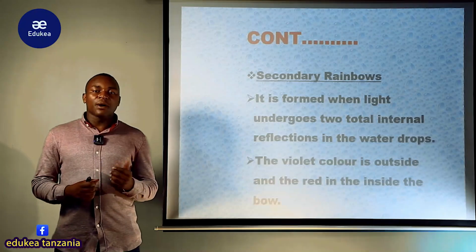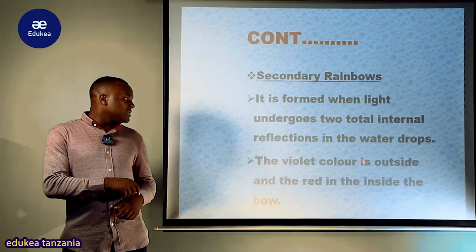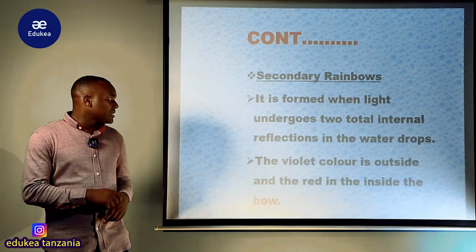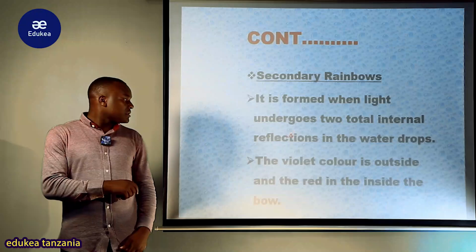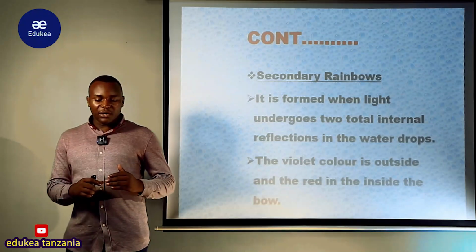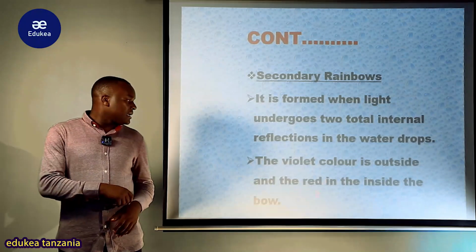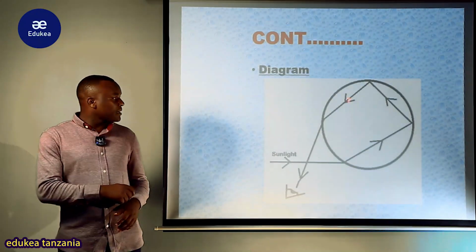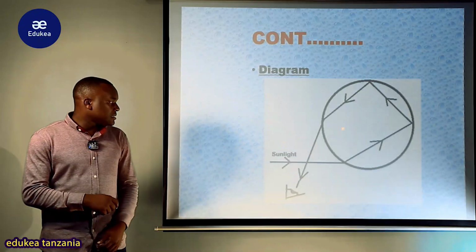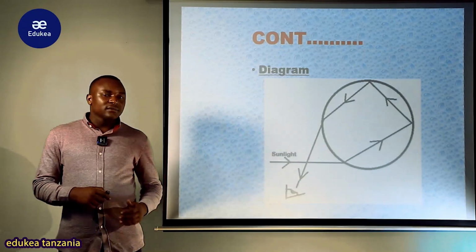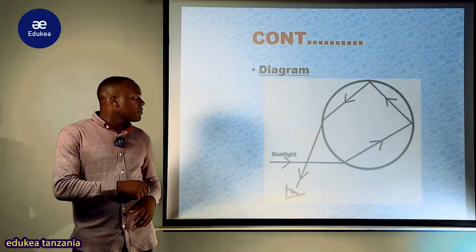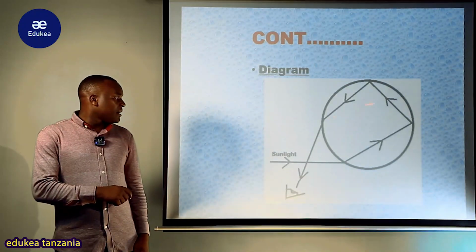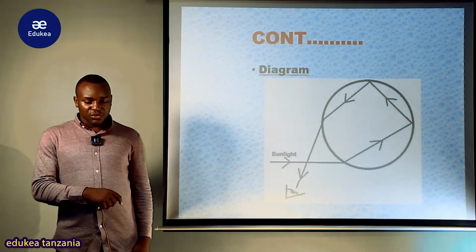Vice versa is true: for primary, what is outside is red, but inside there is violet. But for secondary it is different, because here violet is outside, but red is inside. As you can see on the diagram, this is a secondary rainbow, because the total internal reflection has occurred twice as shown in the diagram.